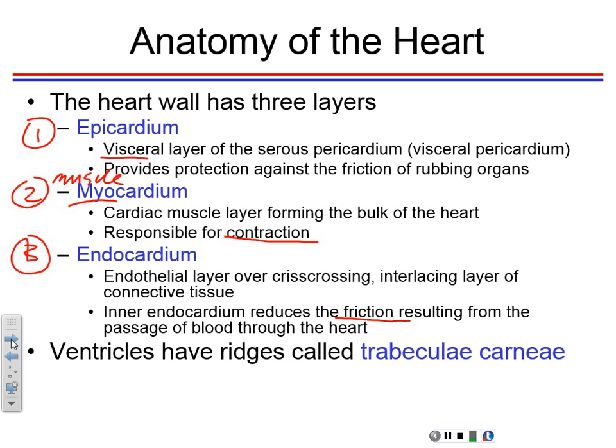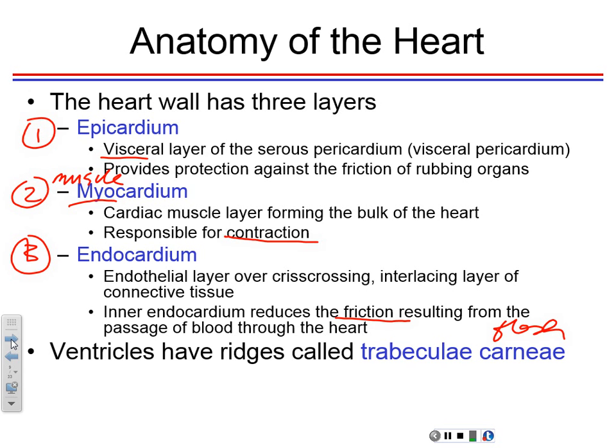This is another part of the module that we have problems with in terms of identifying some structures in the heart. So internally, the ventricles have what are called trabeculae carneae. The literal translation: carne is meat, flesh, like carne asada. Remember carne asada? You guys like that? Okay.